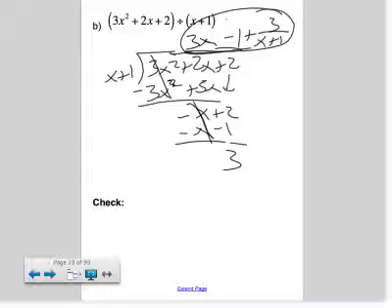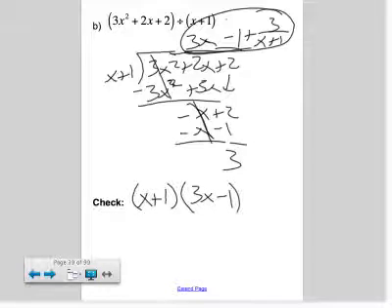And so again, what we'll do is multiply our answer times our divisor, x plus 1. Not real sure why that's not showing up. There we go. x plus 1 times 3x minus 1, and then you can get in the habit of adding that remainder on at the end right away.